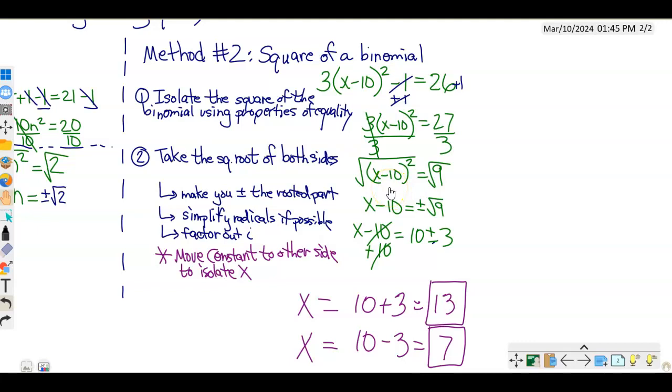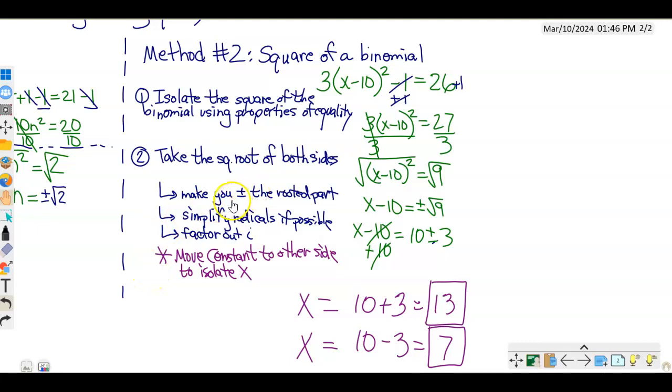Okay? All right. So now that I've broken this binomial free of being squared, I can isolate my x and solve my problem. Okay? So you can see I've added a step here. Method 2 has an extra step.